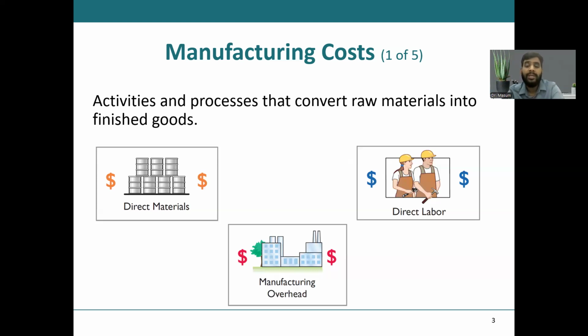For example, the guard or the security man, who is also important, but without him, you can continue the production process. So the security guard is indirect labor, and indirect labor is also known as manufacturing overhead.